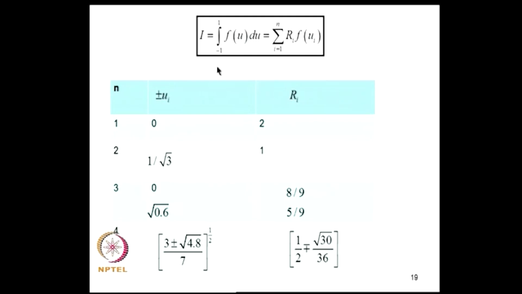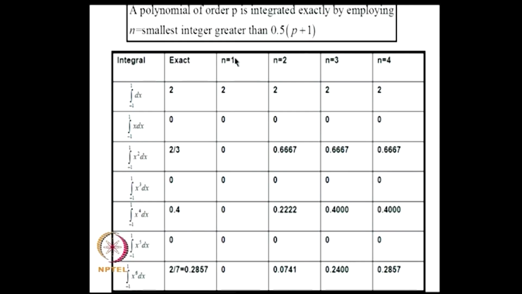Now, I have done a few calculations here for different values of n. These are the roots of the Legendre polynomial, this is for n equal to 1, 2, 3, 4, and these are the weights. So, if you are implementing this, you can use this information. Now, we can see how these formulas perform.